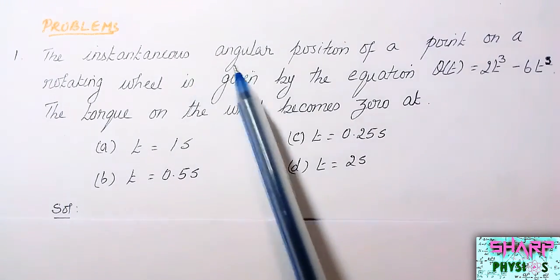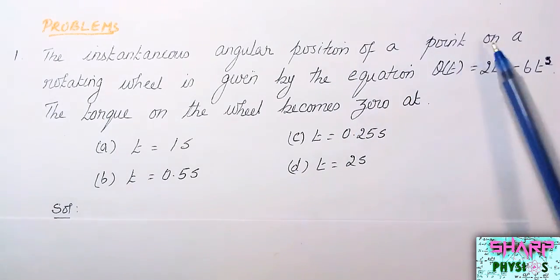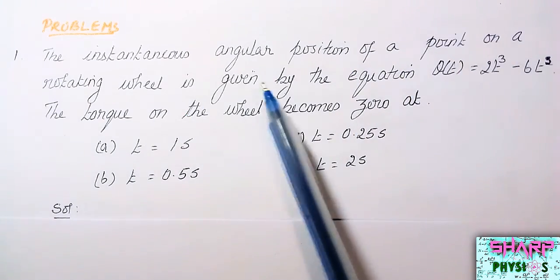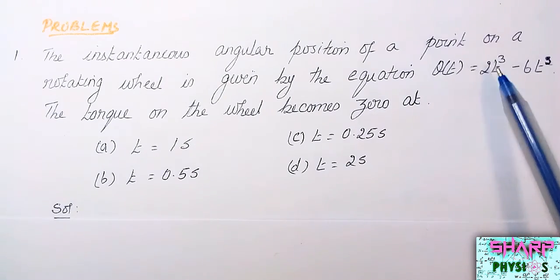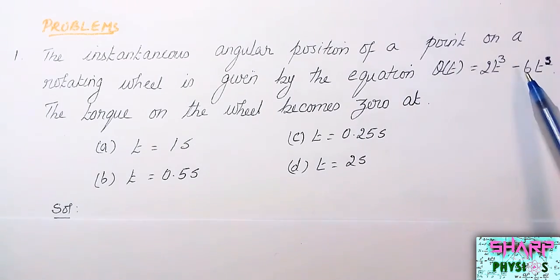The instantaneous angular position of a point on a rotating wheel is given by the equation theta of t equal to 2t cubed minus 6t squared.